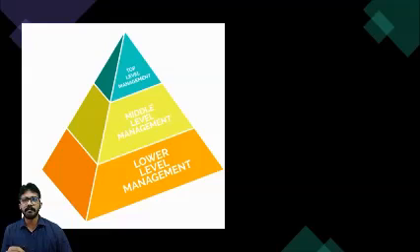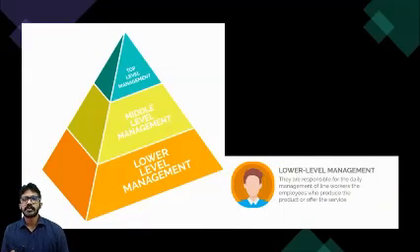Let us see a brief functioning of these levels one by one. The lower level management, as shown in the pyramid, is responsible for the daily management of line workers, the employees who produce the product or offer the service.